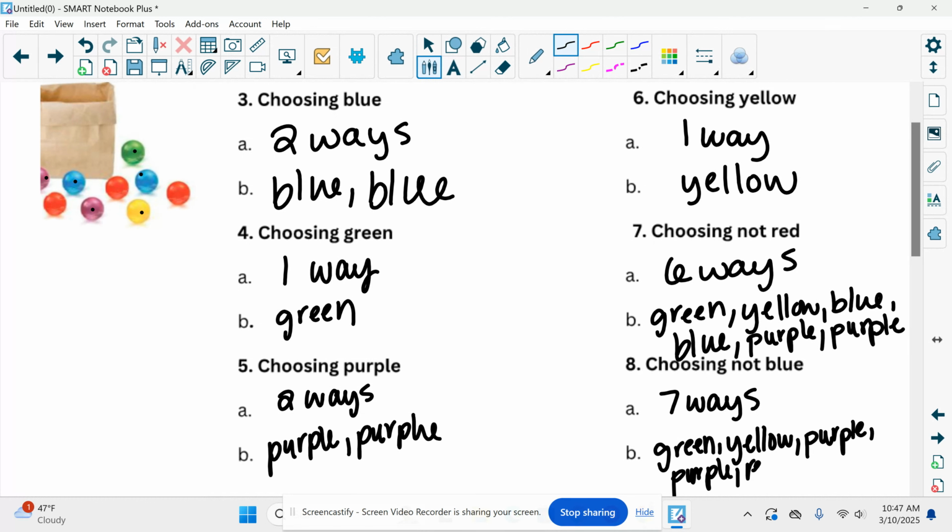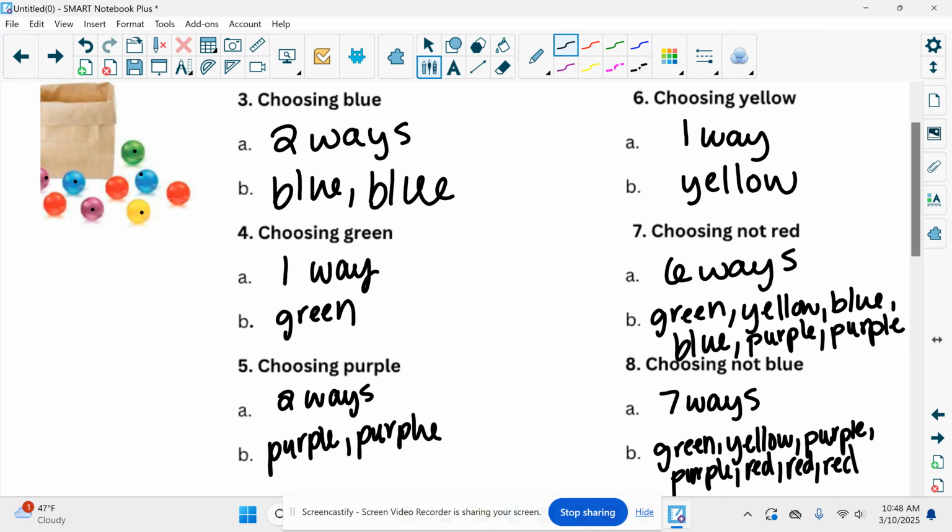I could pick a red, another red, another red. Not blue. I don't want to pick a blue, right? Alright, does that make sense so far? Okay?